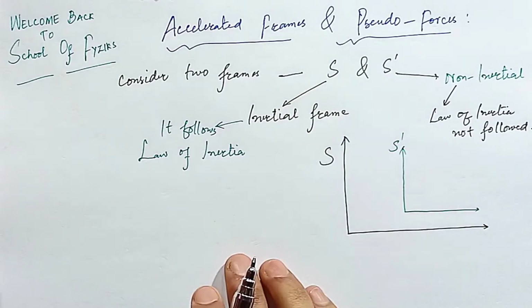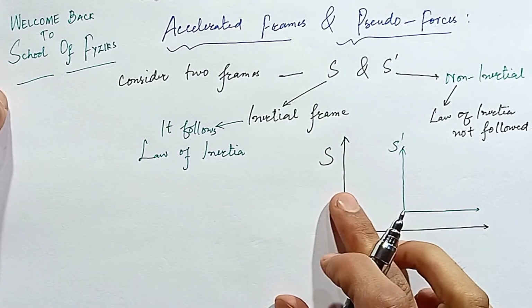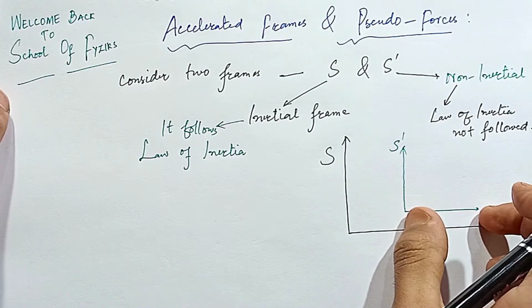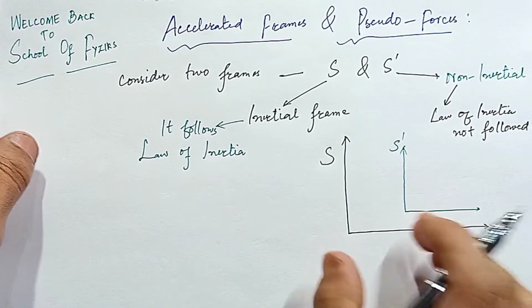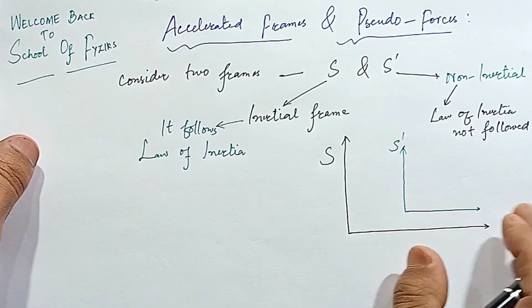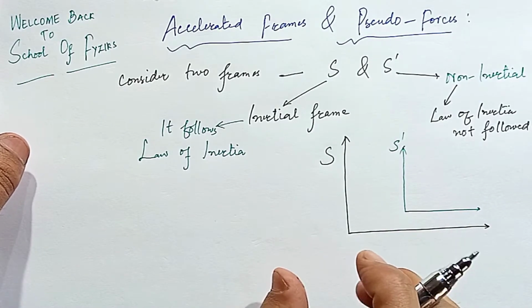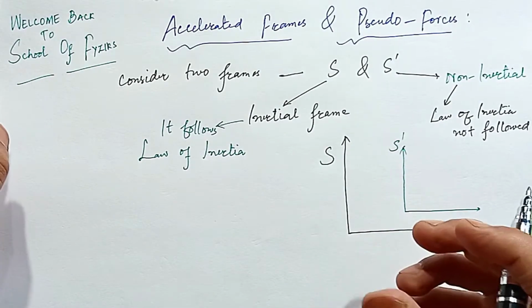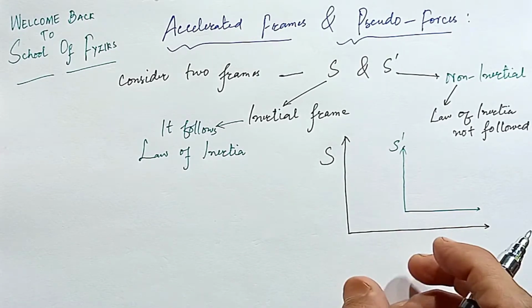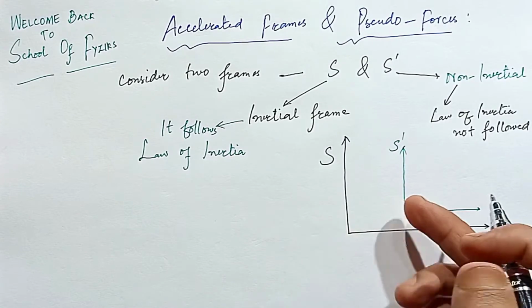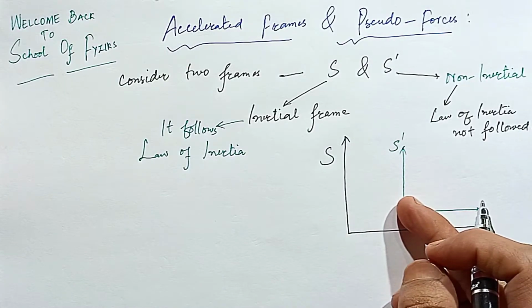So we have considered two frames of reference. One is an inertial frame of reference and another is a non-inertial frame of reference, and we have to discuss a particle, a body, which is under force, or maybe in the absence of force, and what kind of dynamics that body follows in both of these frames, with respect to this reference and then with respect to that reference.